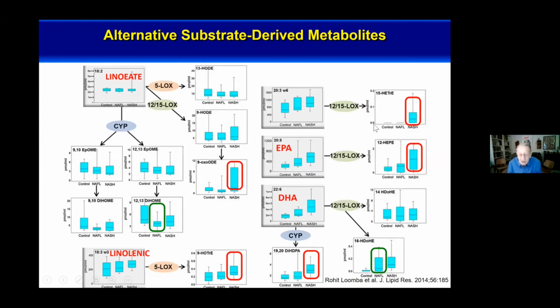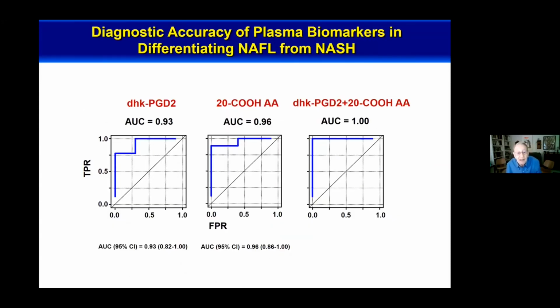This is the power of lipidomics to look in plasma or in tissues at changes. And the area under the curve for discriminating between NASH and fatty liver for these two metabolites shown here on the left, or a combination of the two of them, becomes close to 100% for a distinction as to whether one has only fatty liver, which in and of itself is not particularly harmful, versus the advanced stage called NASH.